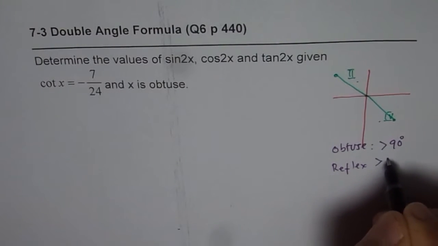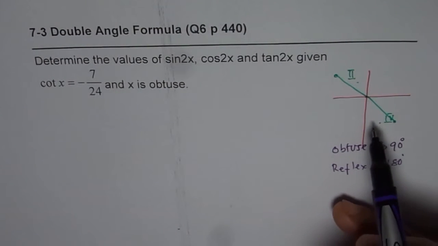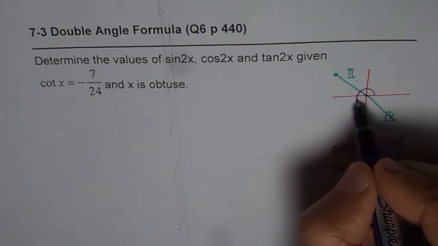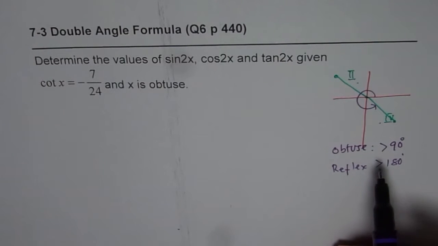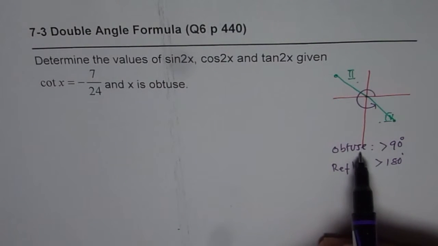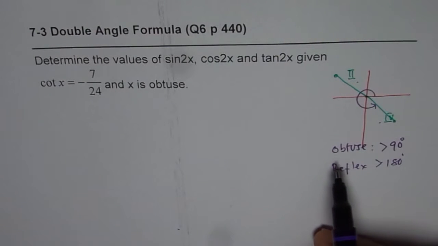But anyway, even this angle can be considered as an obtuse angle. That is one thing which I would like to share with you. Since it is greater than 90 degrees, at times obtuse angle really means it could be any other angle but not less than 90.